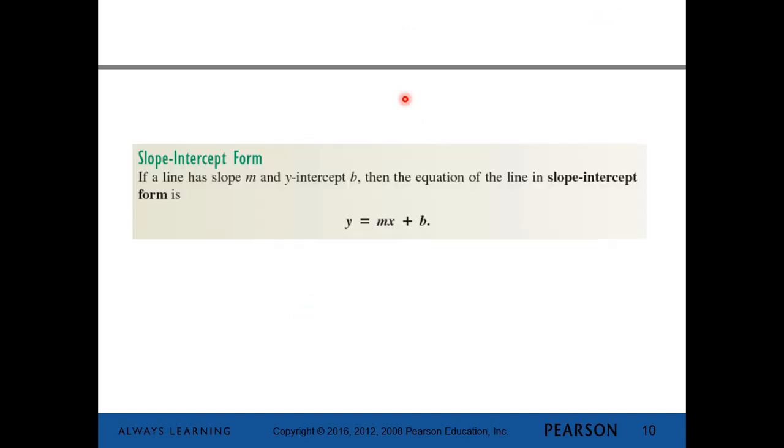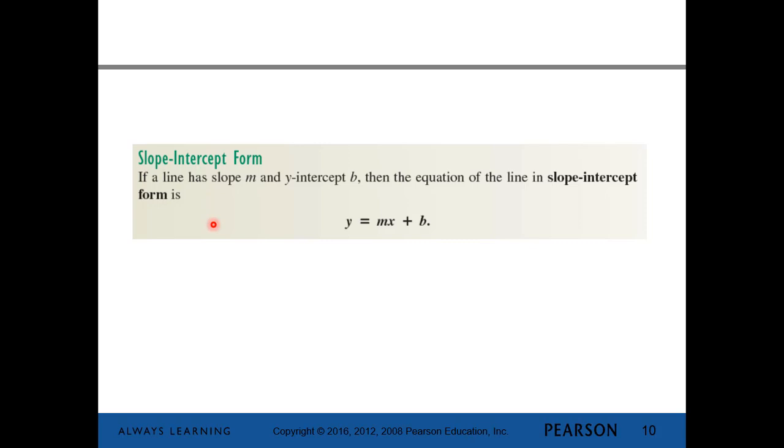Okay, now, equations of lines. So now we talked about slope and we talked about intercepts. Let's talk about the ways we can represent lines. One way is the slope-intercept form. Given its name, it tells you exactly what you need: a slope and the y-intercept.